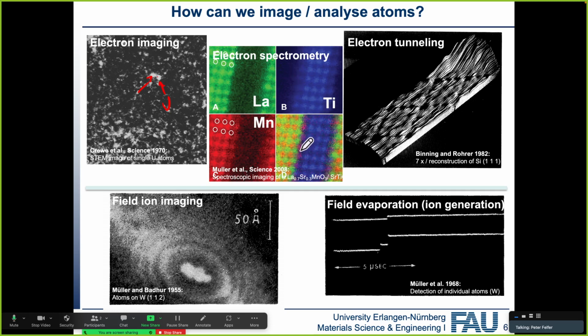And in the late 2000s, we started seeing things like aberration corrected electron microscopy, where individual atoms or atomic columns can be addressed with a scanning beam, and then you can do spectrometry also on individual atomic columns.